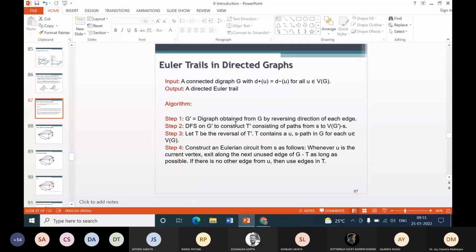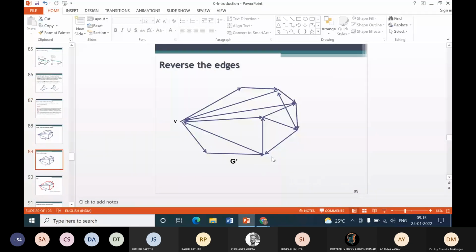Then you do a DFS on G prime to construct T prime consisting of paths from S to V in G prime minus S. Now in G prime, what DFS tells you is how you can reach all other vertices from V.